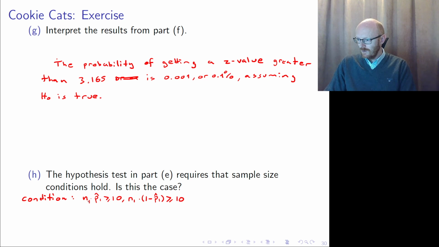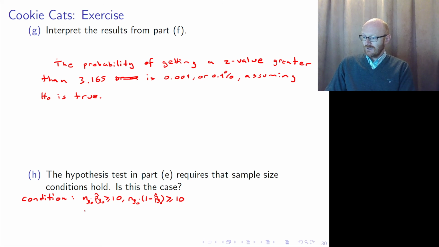Or we can say P30 hat here, which is just the probability of hitting. 1 minus P30 hat is just the probability of not hitting, the probability of a miss.